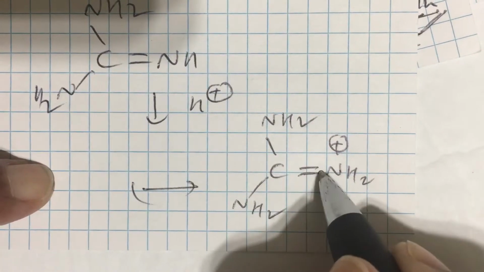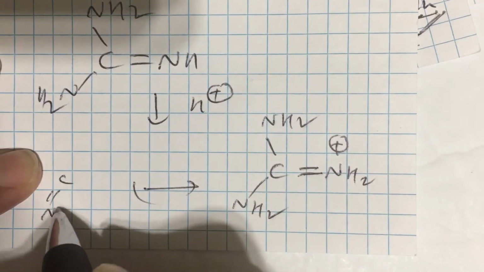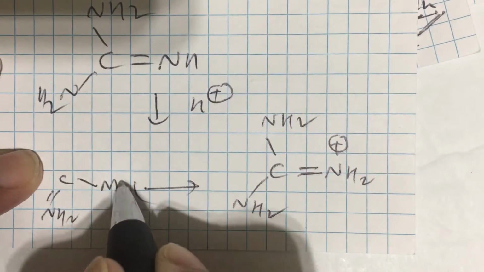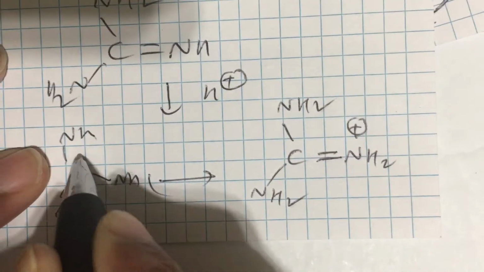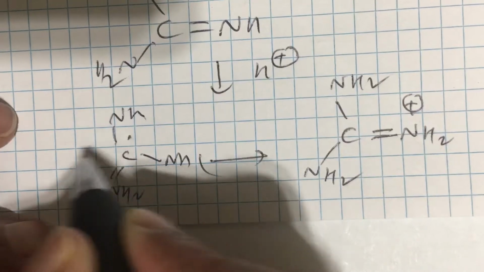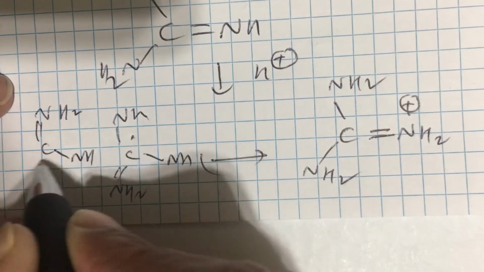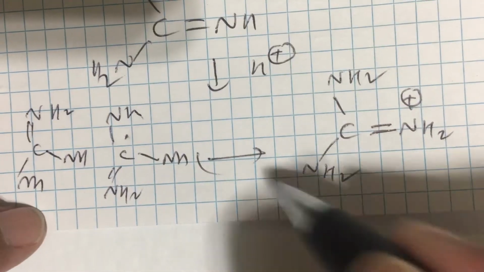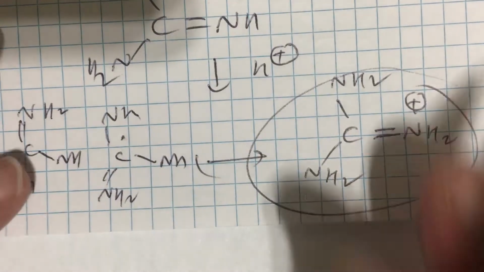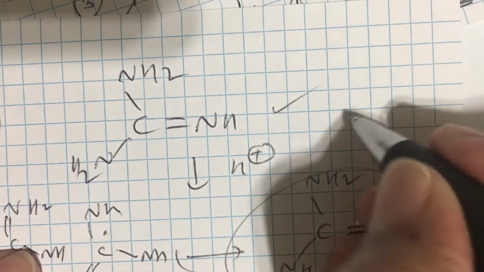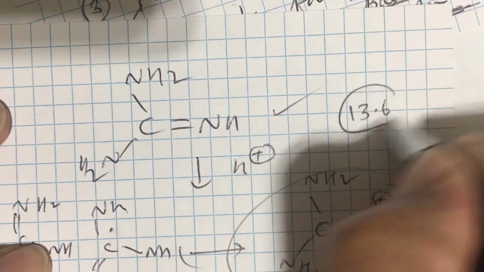The double bond can be here, the double bond can come here, the double bond can go there also, right? So you can write three canonical forms for the guanidinium ion. This extraordinary stability of the guanidinium ion makes guanidine a very powerful base whose pKa is 13.6. pKa is 13.6 means very strongly basic, right?